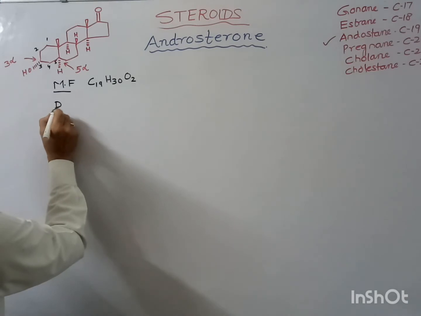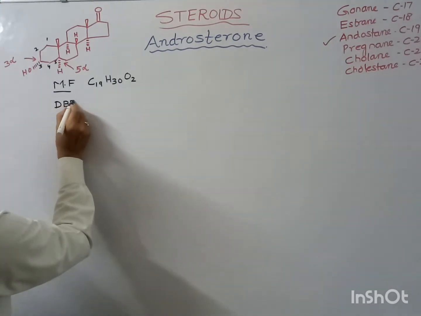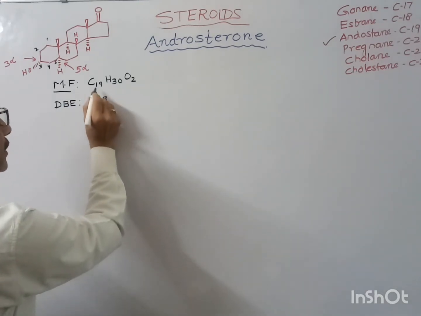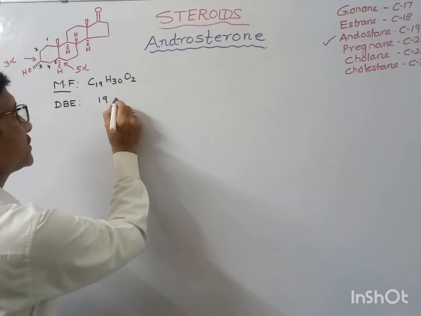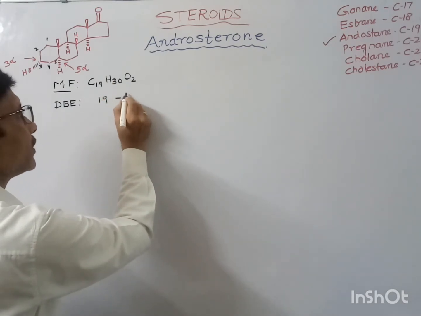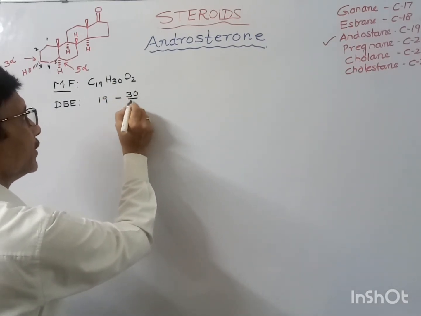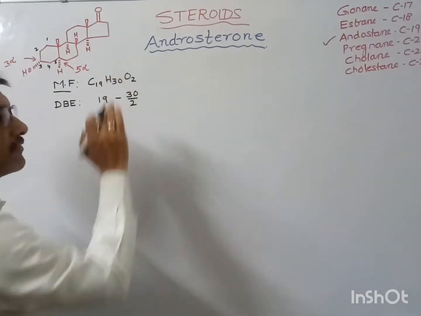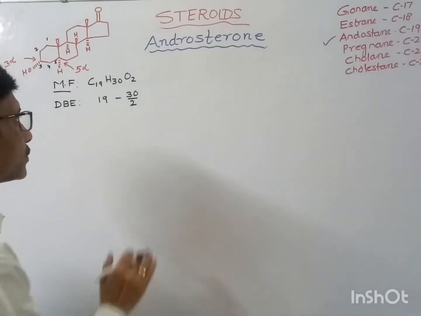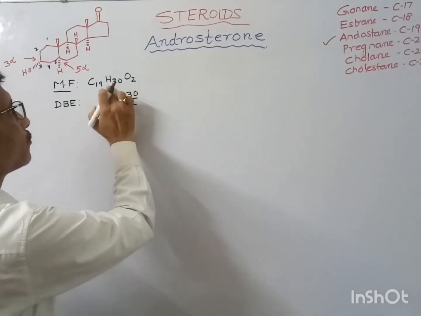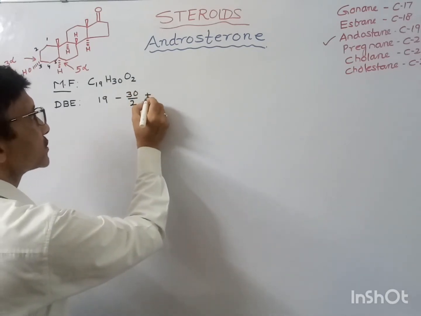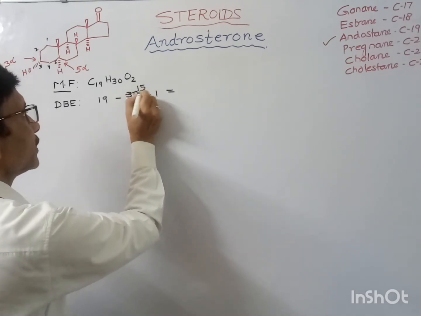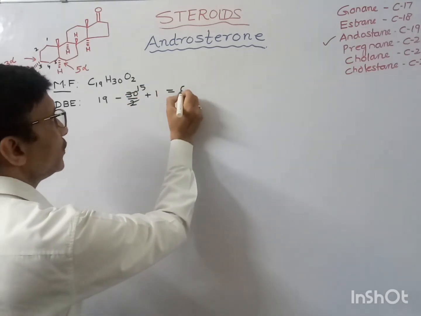After this, if we determine the double bond equivalent, it is the number of carbon atoms, minus the number of monovalent atoms divided by 2, and the number of trivalent atoms is 0. We don't count divalent atoms in the double bond equivalent formula. So it is 19 minus 30 divided by 2 plus 1. This is 15, and 20 minus 15 comes out to be 5.